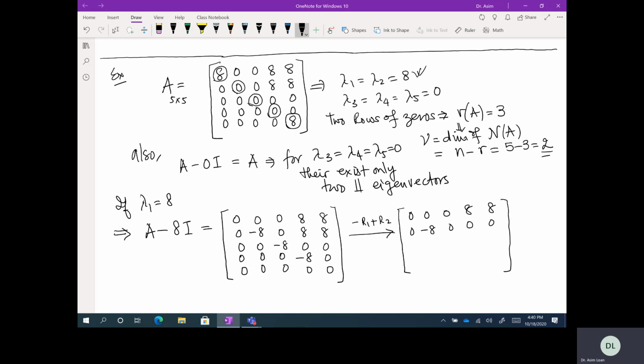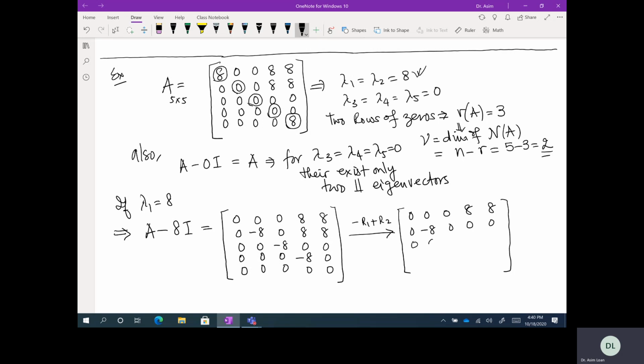And then I do row 4 and row 1. If I add row 4 and row 1, what do I get? I'll get an 8 over here. Is that right? Let me do it first.